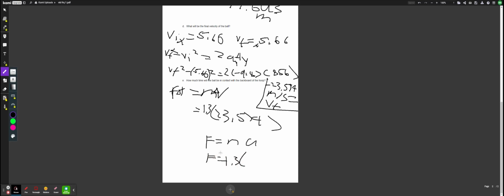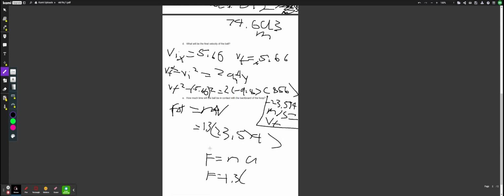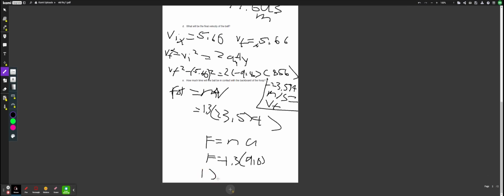You can figure out the acceleration of the ball is 9.8. So times 9.8, the force is equal to 12.74.